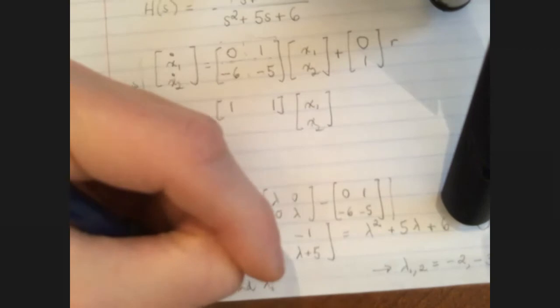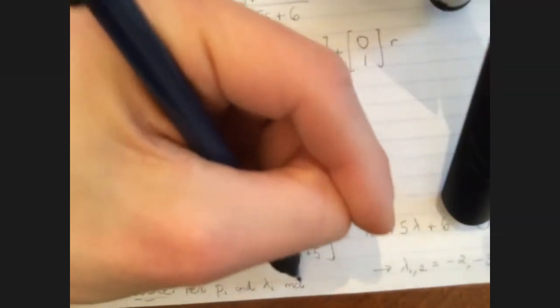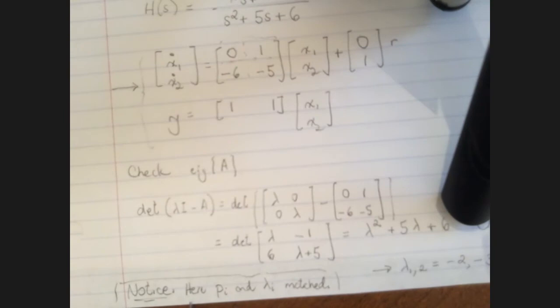I'm going to call them the p_i and the lambda_i, and they matched. So basically here, the poles of the transfer function and the eigenvalues of the A matrix happen to be exactly the same. So there definitely seems to be a pretty close relationship between that transfer function and especially that A matrix.